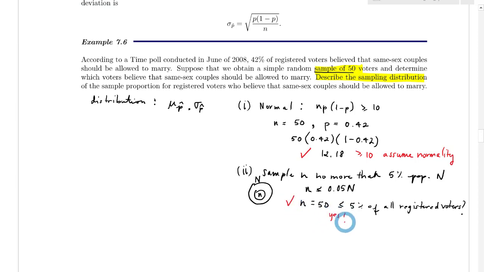Yes, right? So with proportions, you will always go ahead and make sure that these two criteria are satisfied. And notice we haven't even got to the distribution yet. So this is kind of like part one. And then part two is the sampling distribution.